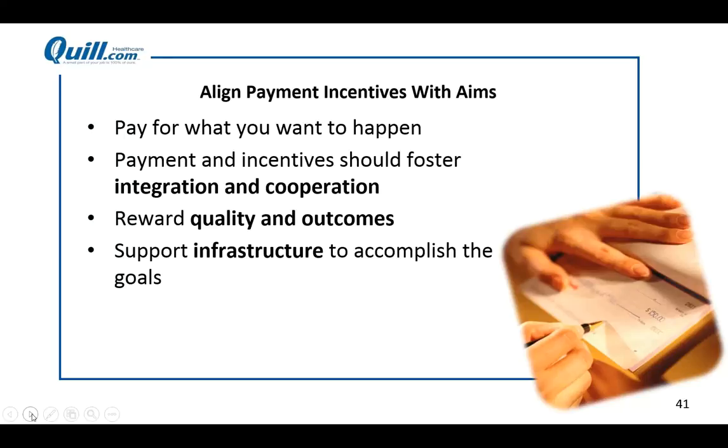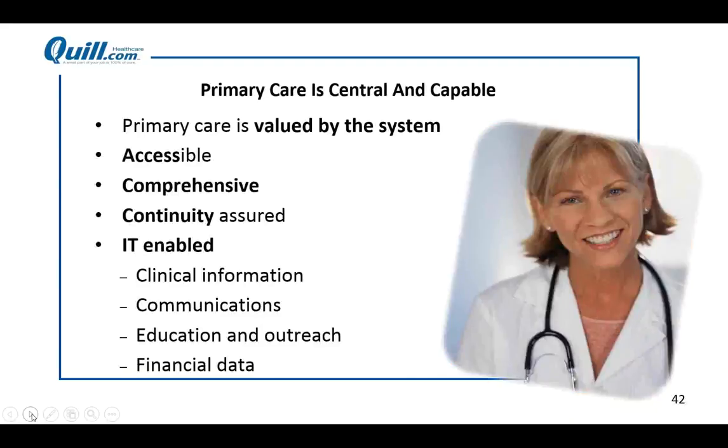I mean, that's sort of all the infrastructure that has to be part of a successful ACO in my mind. I've already talked quite a bit about primary care as central and capable. Primary care has to be more valued by the system as part of the foundation of the accountable care. And I've talked about access and comprehensive continuity, IT enabled, so the same themes we just talked about.